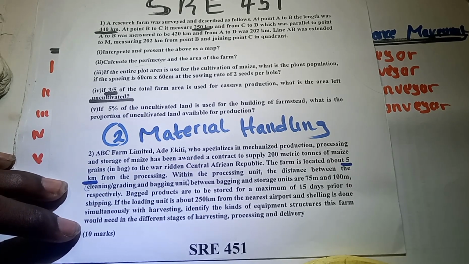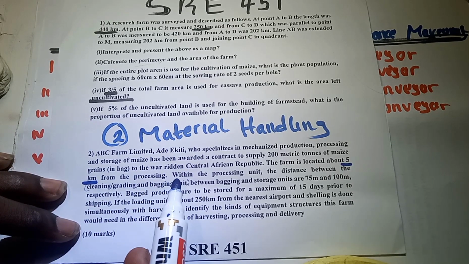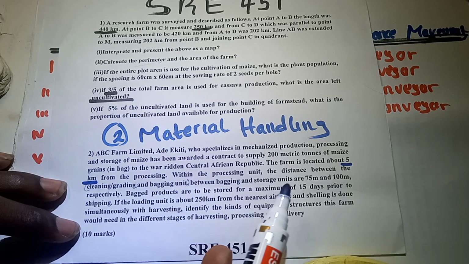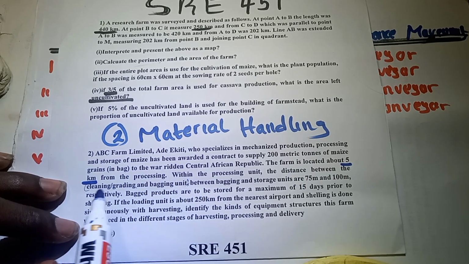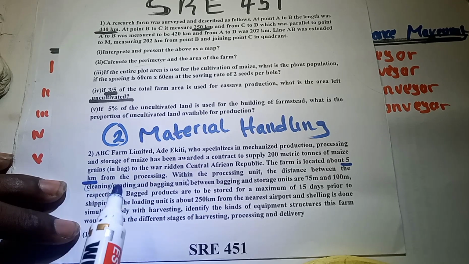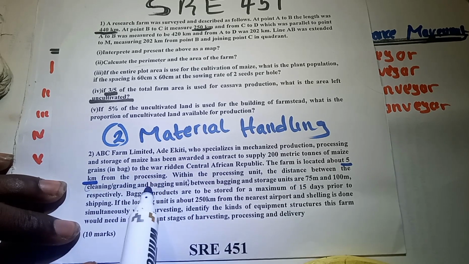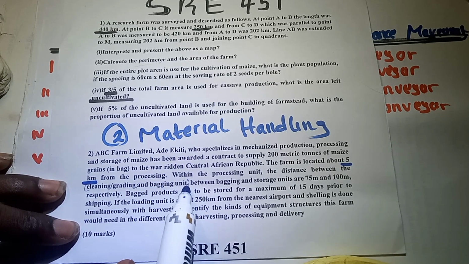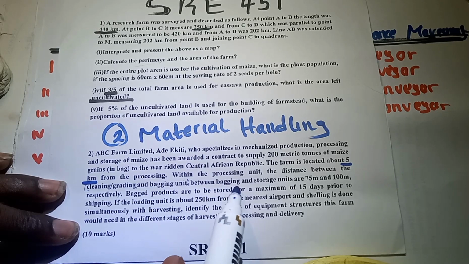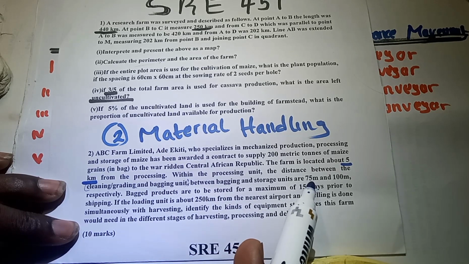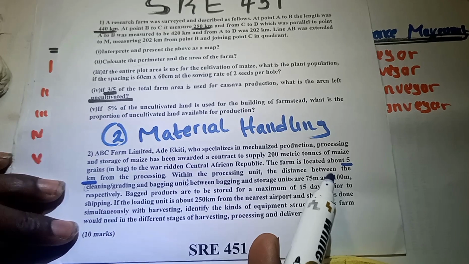Then within the processing unit, the distance between the cleaning, grading, and bagging unit, and between the bagging and storage unit are 75 meters and 100 meters respectively.